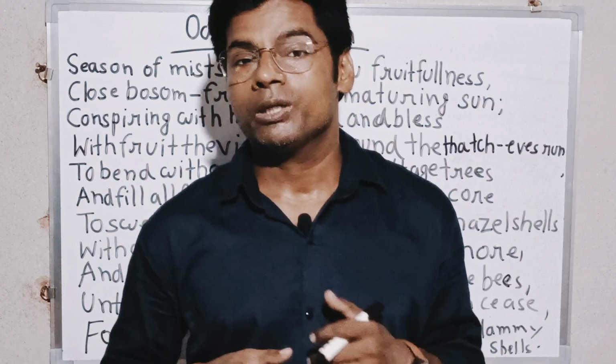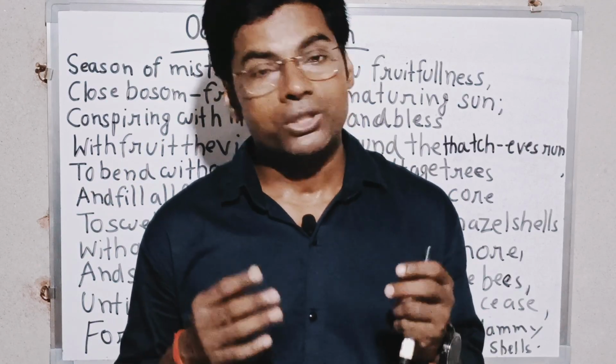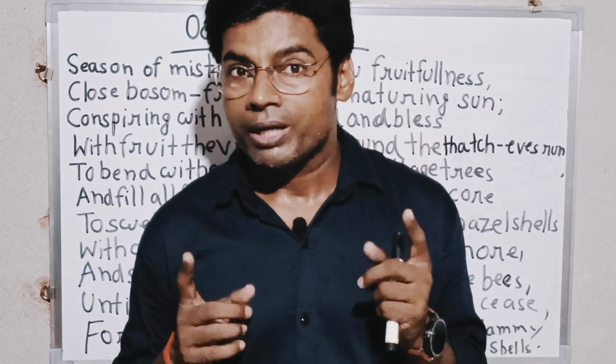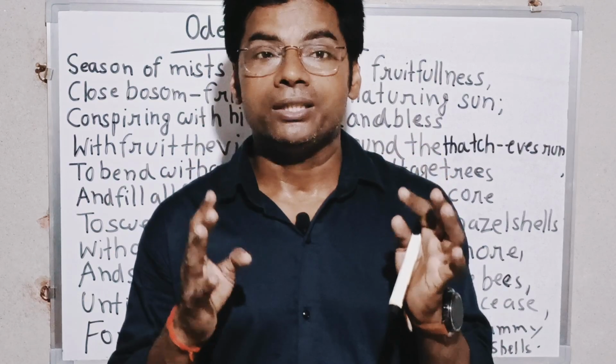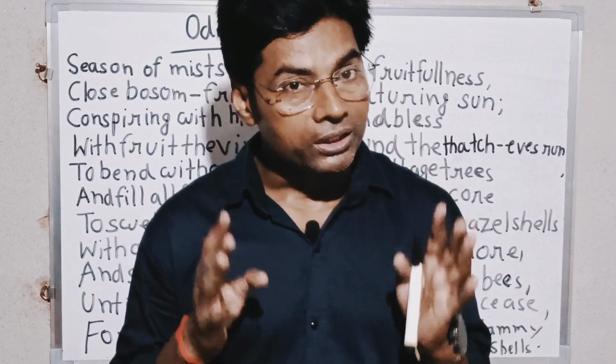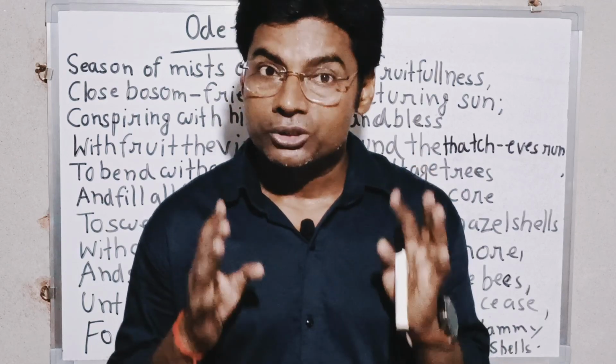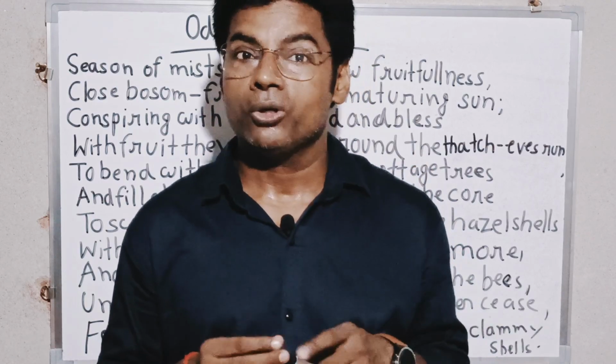It was probably the last ode that Keats composed, and this year marked the end of his poetic career. You need to remember this too. Why? Because it is very important.